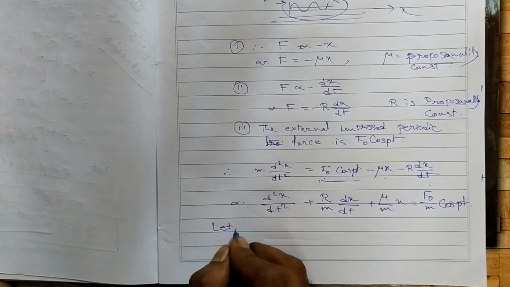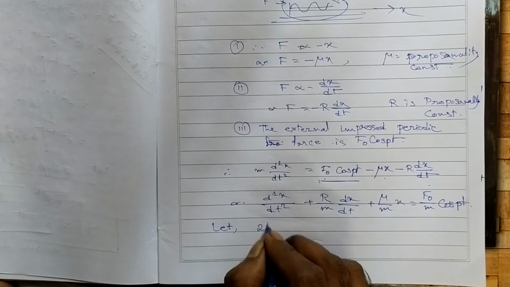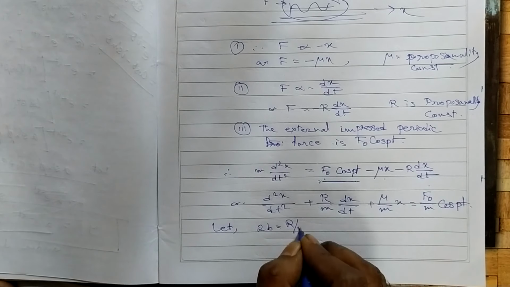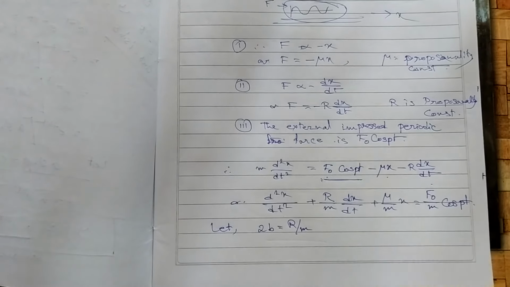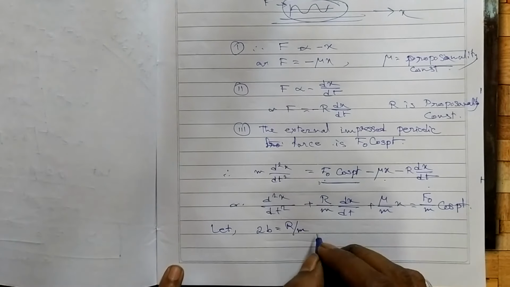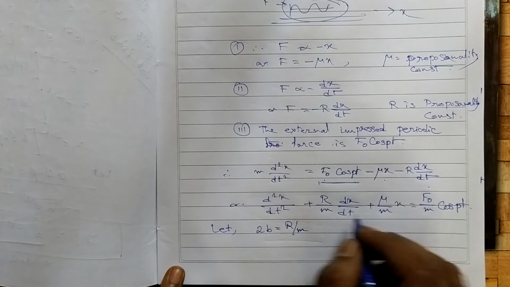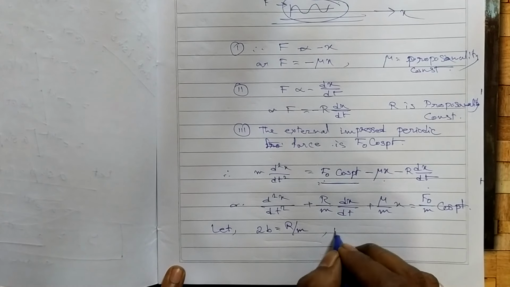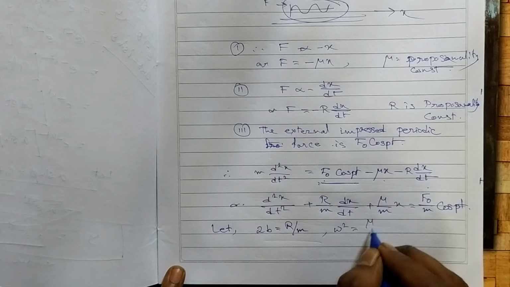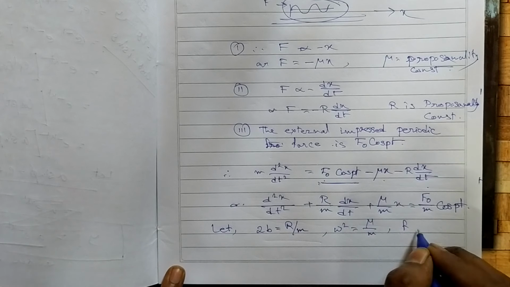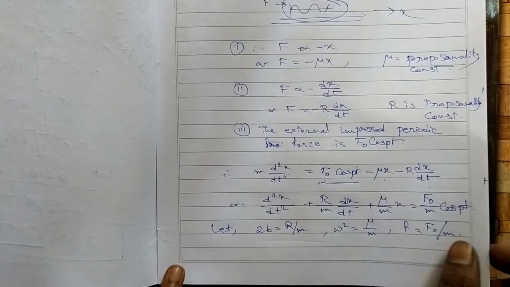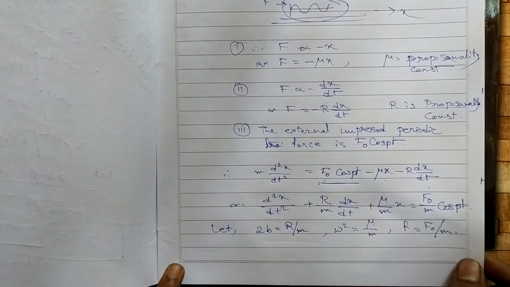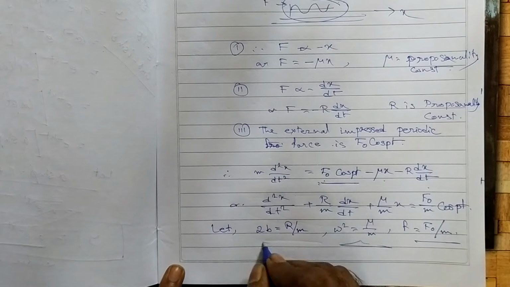Let 2b be equal to r/m. We are choosing that because of the solution of this equation. Omega square is equal to mu/m, and small f is equal to F0/m. Is it clear for everyone?